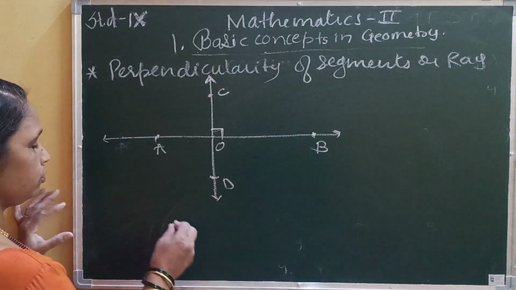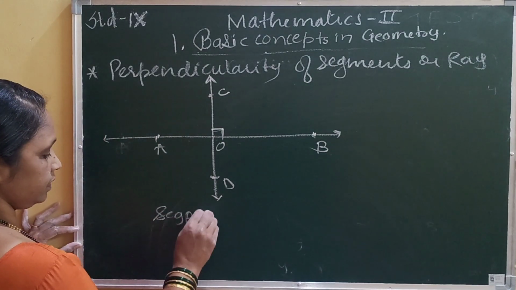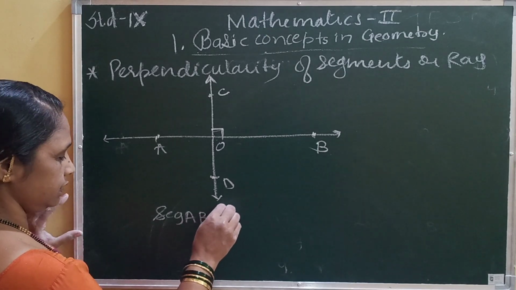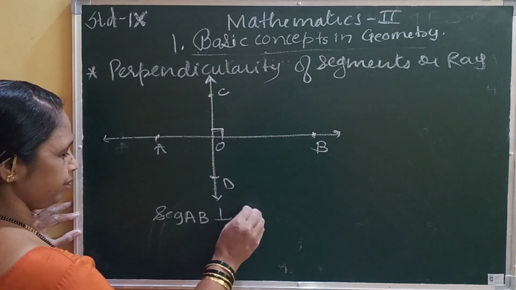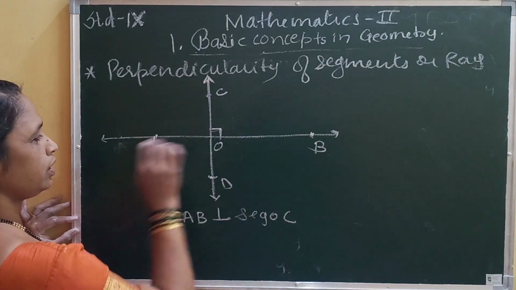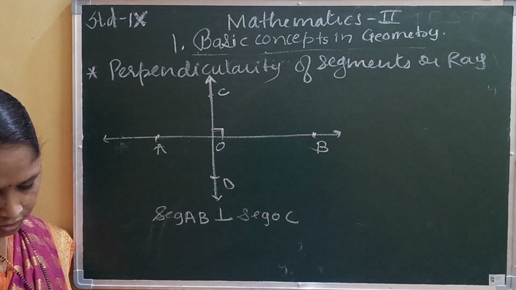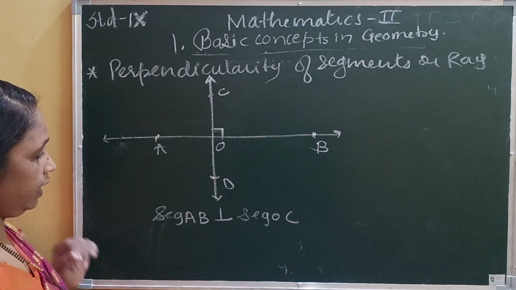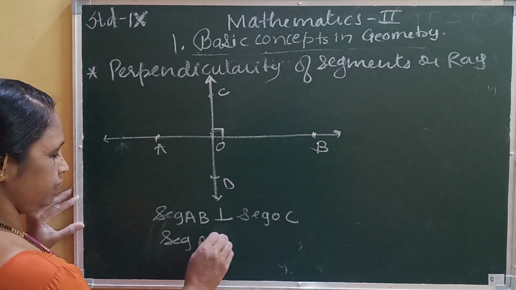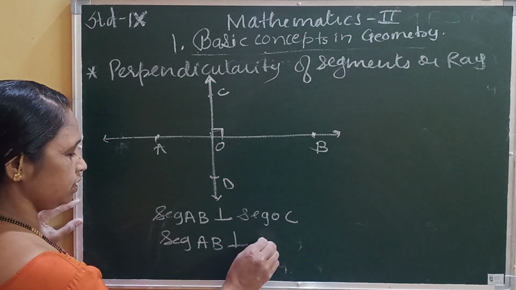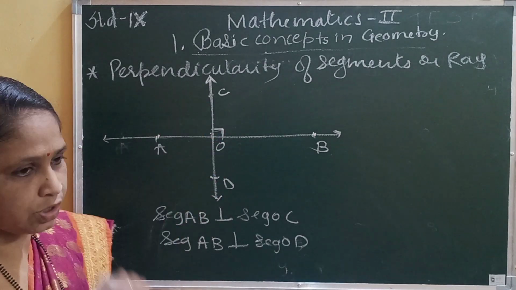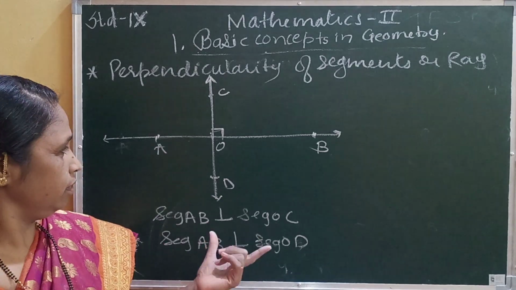You can write segment AB is perpendicular to segment OC, or segment AB is perpendicular to OD, or to segment DC also. This way you can show it.